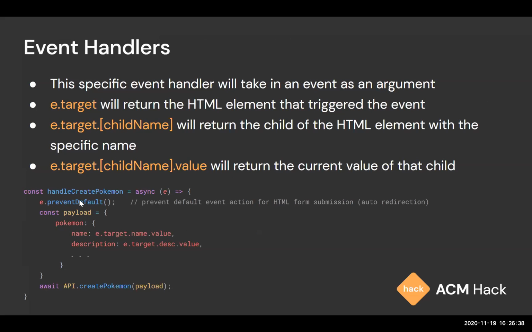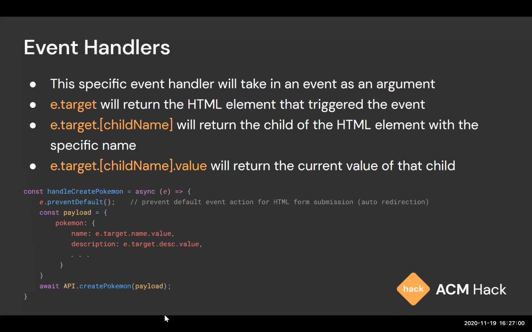If you look at the function over here, it takes in an event. The e is an event that just happened, in this case the event in which the form gets submitted. If we use e.target, we will find the HTML element that triggered the event, which is the form.